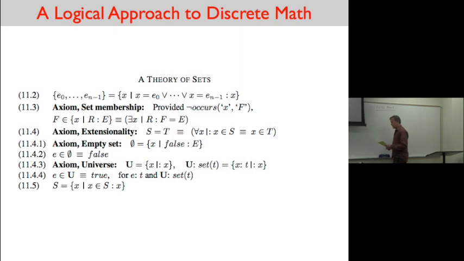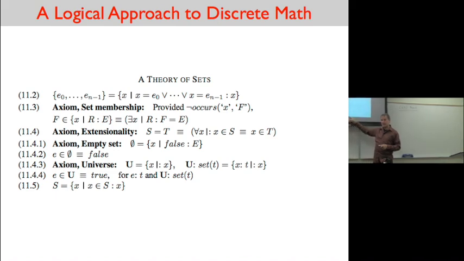Now, let me ask you a question. Here we have on our slide a theory of sets, and we're wanting to prove 11.5. So let's always think about types. If you always think about types, that's the key to understanding how all this stuff works. So what is 11.5 saying?